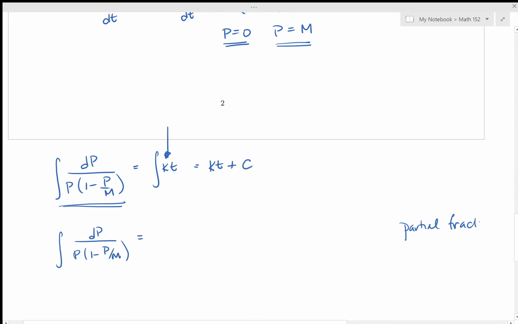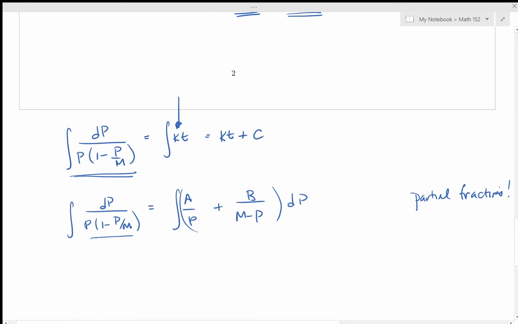Yay, partial fractions. So that is then going to be the integral of a over p plus the integral of b over m minus p, dp.